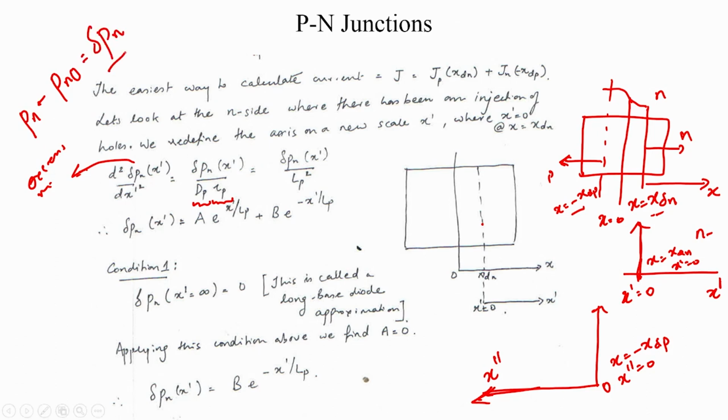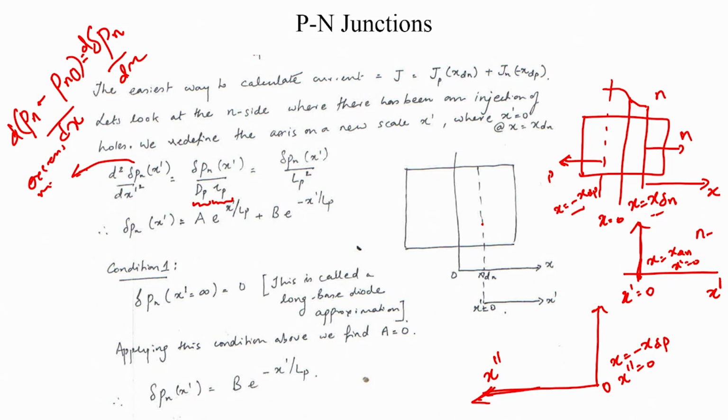So, that is your delta Pn, and clearly the spatial derivative of this term is nothing but the spatial derivative of this term, and therefore, we can write every expression in terms of delta Pn of x dash.